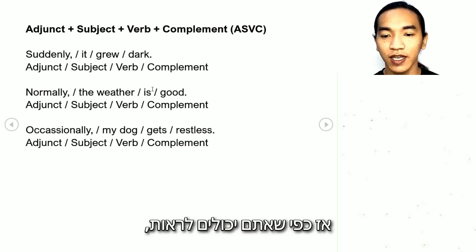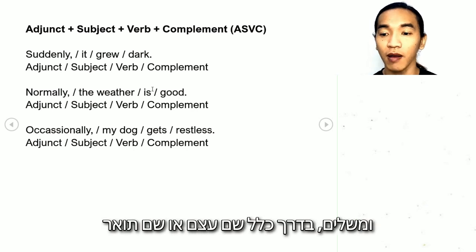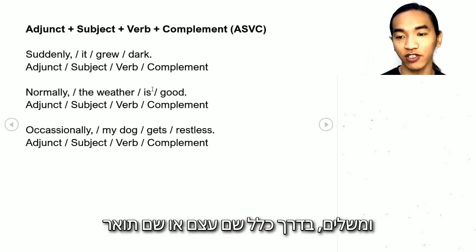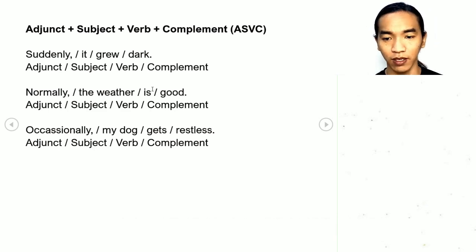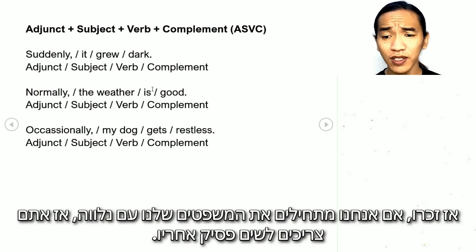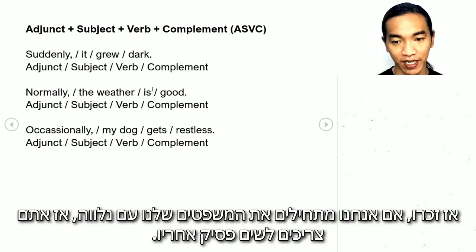Okay? So as you can see, your adjunct here is suddenly. Subject, it. Grew, your verb, and complement, usually a noun or an adjective that describes your subject, which is dark. Okay? So remember, if we are starting our sentences with an adjunct, then you have to put a comma after it, okay?